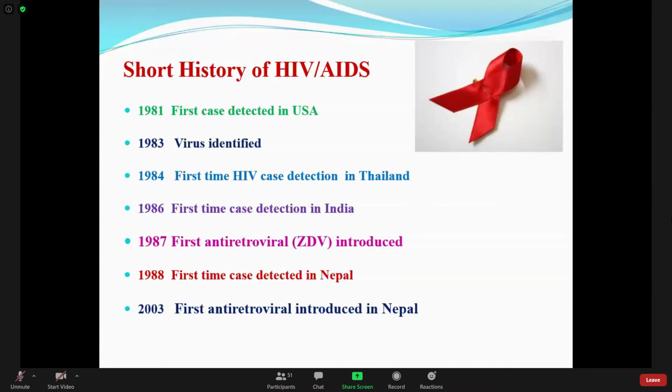In that period, there were 2 men and 1 commercial woman. And in 2003, the first antiretroviral, Zidovudine, was introduced in Nepal. So this is the short history of HIV and AIDS.